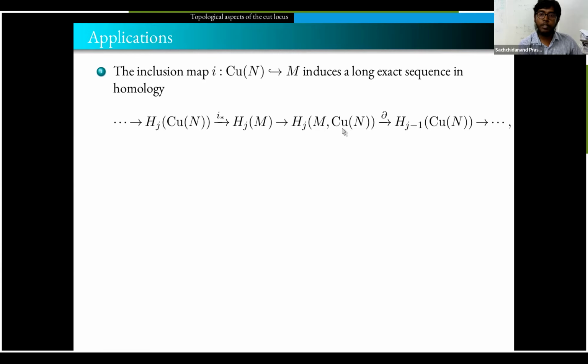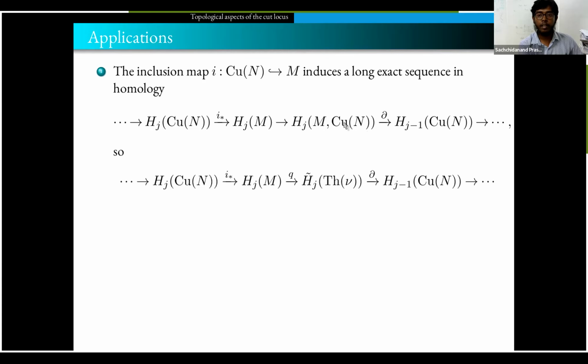Now, we observed that this was a good pair, and hence I can replace this by the reduced homology of M mod the cut locus. And from the last theorem, we know that the quotient of M by the cut locus is the same as the Thom space, and therefore we have a long exact sequence in the cut locus of N, M, and the Thom space.